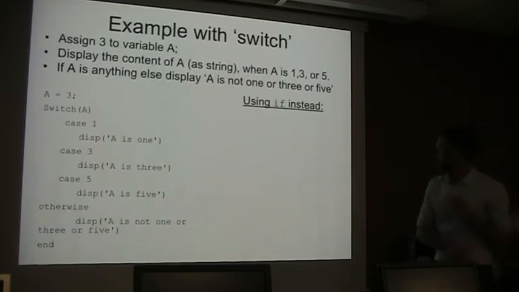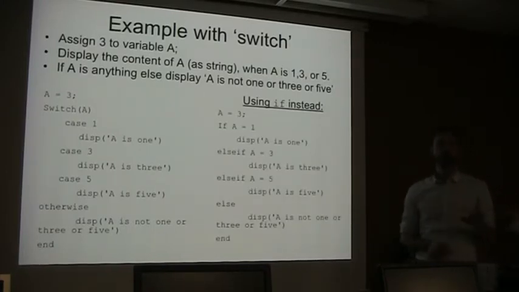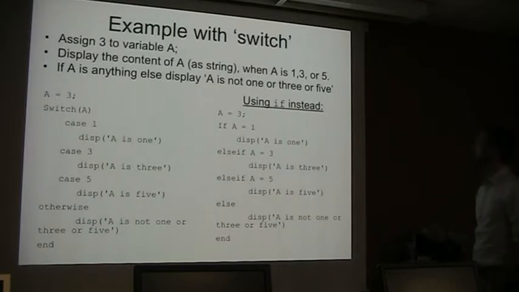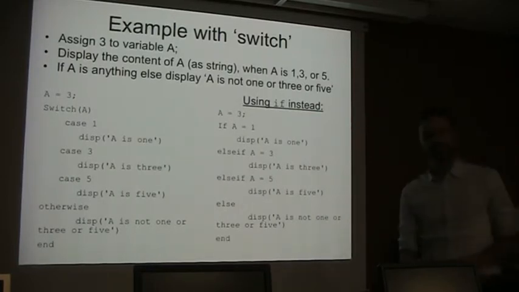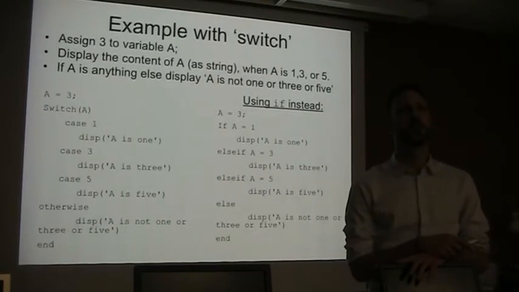And indeed, I'm putting here the same script doing the same thing, only using if. And so here we would write if a equals 1, display this, else if a equals 3, else if a equals 5, and in the end, else. So switch always wants a case to set up the different alternatives.